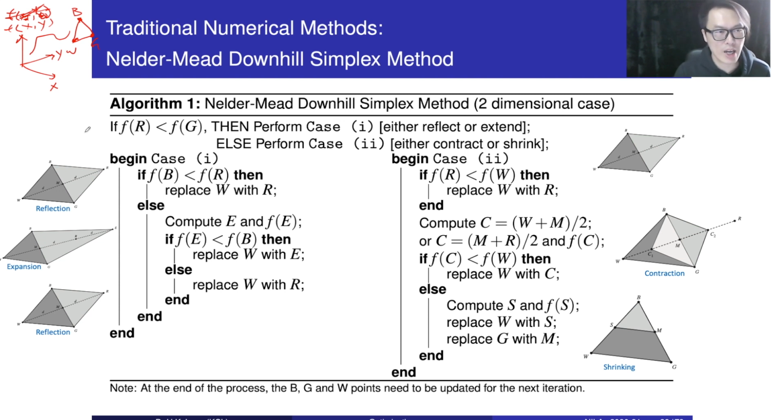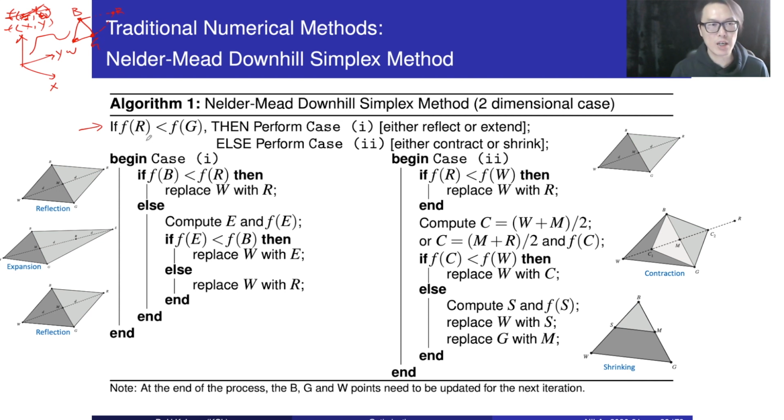Now, when we first enter this algorithm, we check whether the cost of the R point is less than the cost of the good point or not. That means we do reflection in the beginning, and this is the R point. We evaluate whether R is better than the good point.